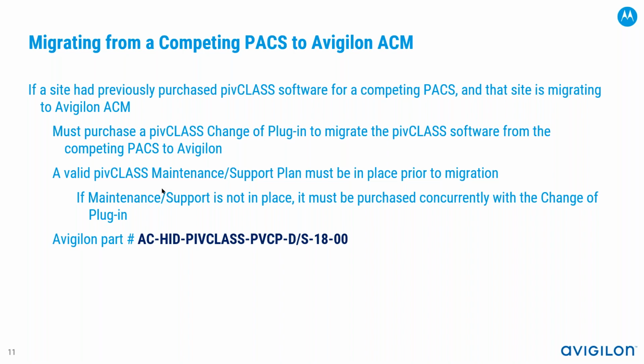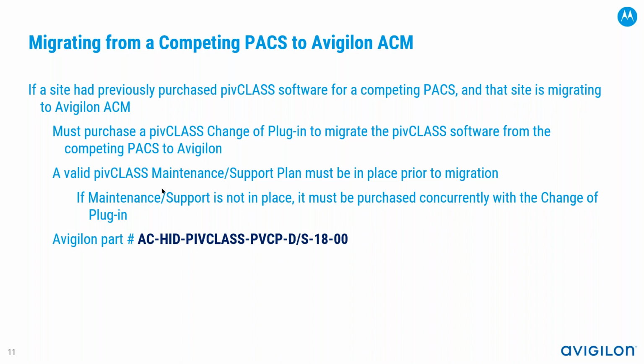So what do they need? Well, PIV check will stay as is. They don't need to change anything there other than the plugin. Each access control system that has connectivity to PIV check has a specific plugin allowing the PIV check software to exchange data with the access control, or send data to that access control.